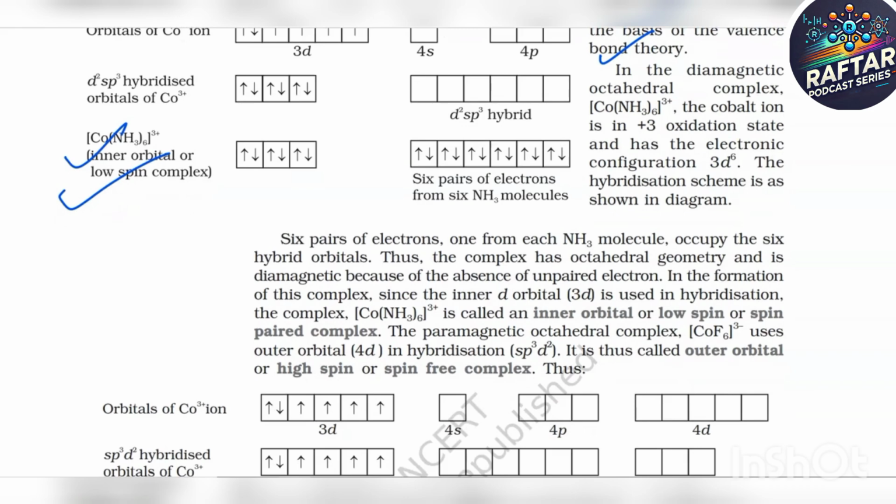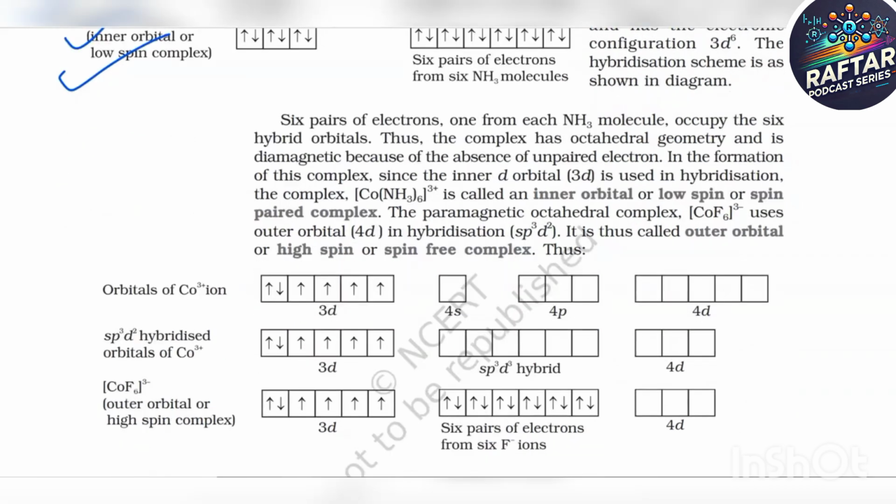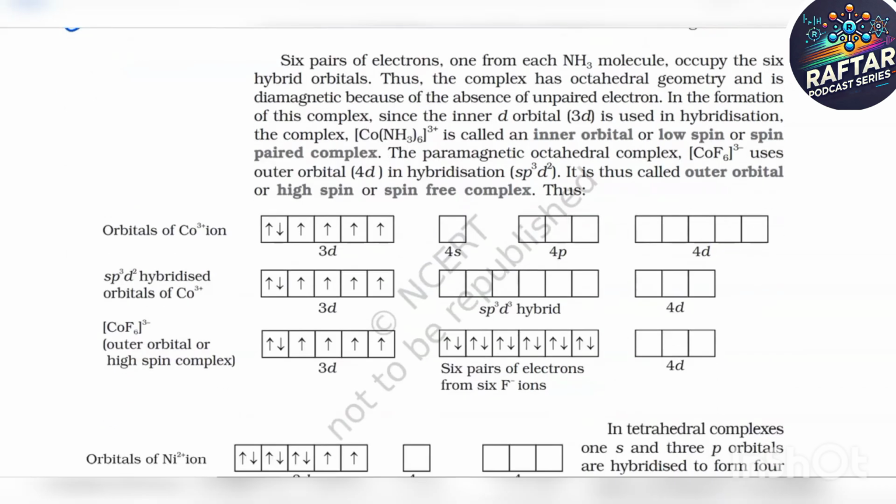Electrons, one from each NH3 molecule, occupy the 6 hybrid orbitals. Thus, the complex has octahedral geometry and is diamagnetic because of the absence of unpaired electrons. In the formation of this complex, since the inner d orbital 3d is used in hybridization, the complex [Co(NH3)6]3+ is called an inner orbital or low spin or spin paired complex.